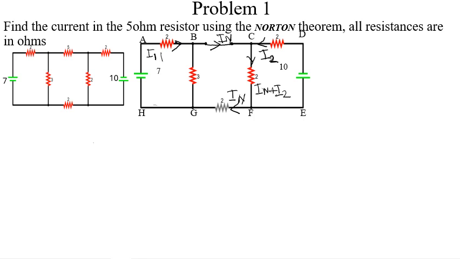So that will be In plus I1. Hope you get it. And here I1 also flows through the circuit. So I1 is what is flowing through this resistor.